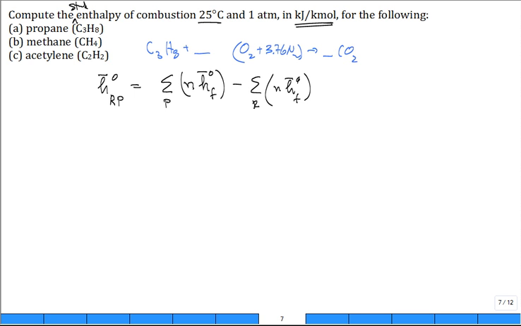The number of CO2s is dictated by the number of carbons in the fuel. And then it goes to how many waters? The number of waters is dictated by how many hydrogens are in the fuel. True? So the coefficient 3 and 4 doesn't change. We're always going to leave 1 in front of the fuel.